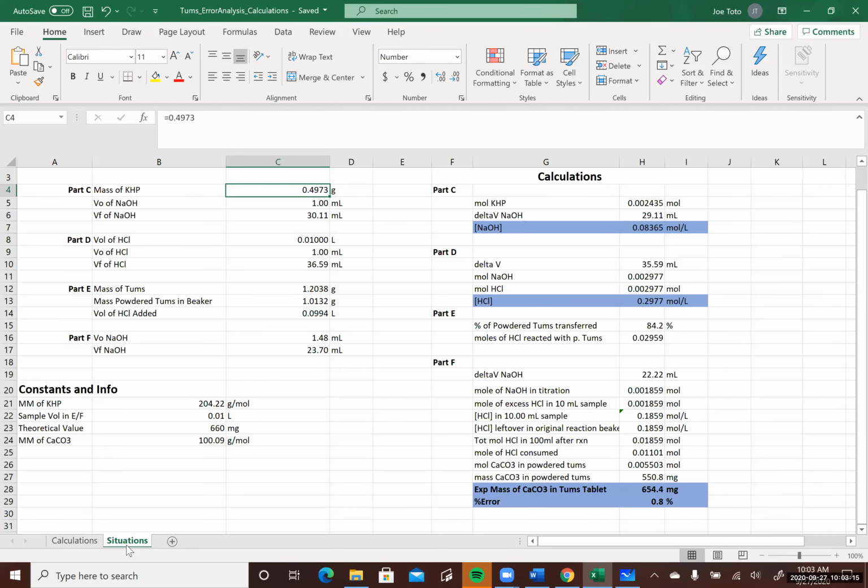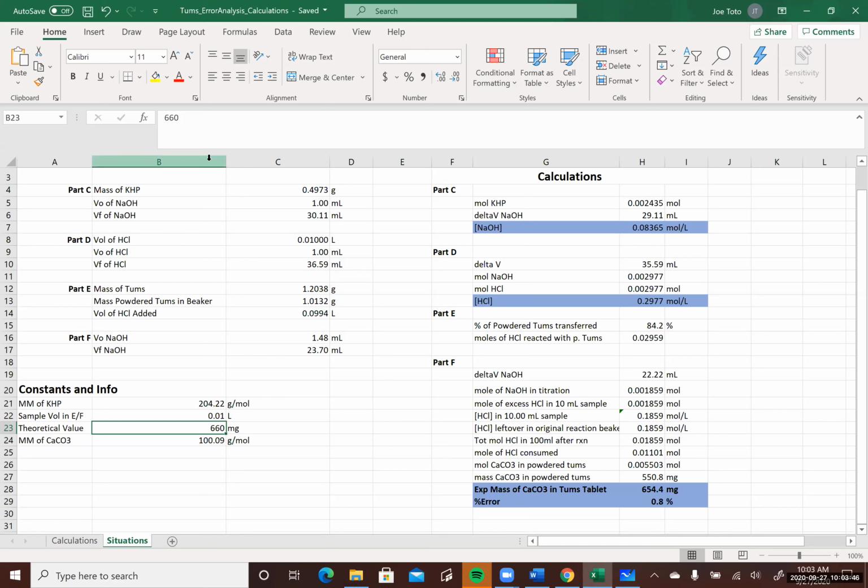And then the situations part is the same as your calculations part, except now you can start changing this and see what the overall change or the overall effect would be in the mass of calcium carbonate in the Tums tablet, as well as the percent error, based off of the belief that there should be 660 milligrams of calcium carbonate in each Tums tablet.